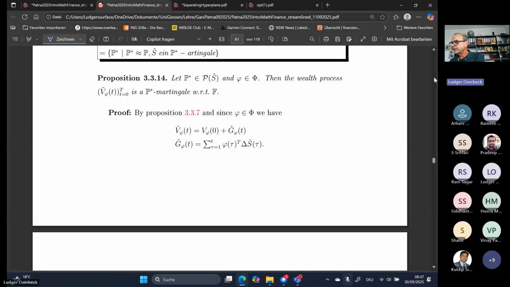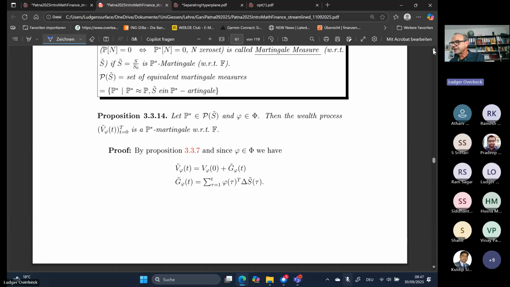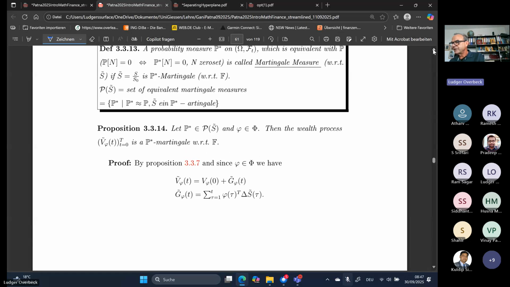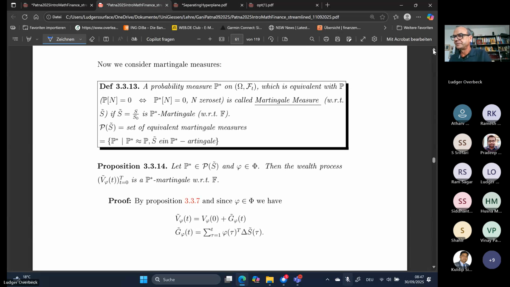Okay, and then of course technically you can use the same techniques. You have a martingale. Now the martingale measure you have to define properly. So we take now a new probability measure P star on F, omega, capital T, until final time, which is equivalent with P. This means if N is a P null set or zero set, then N is also a P star zero set.